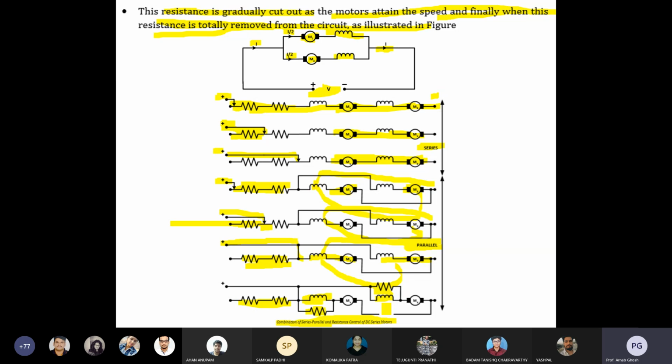If you are incorporating more resistances and more motors, six motors are already there. Normally for our normal EMU, one motor coach carries normally four.